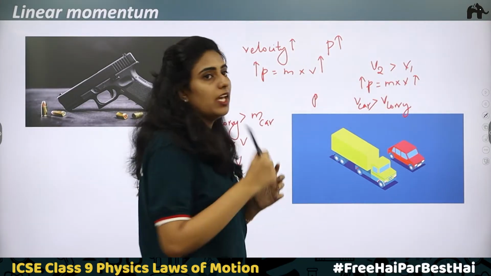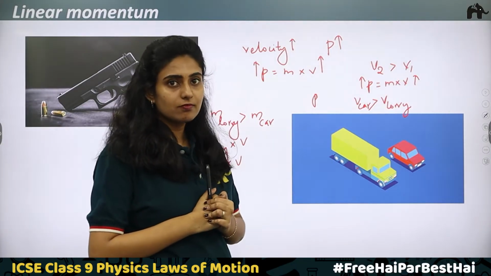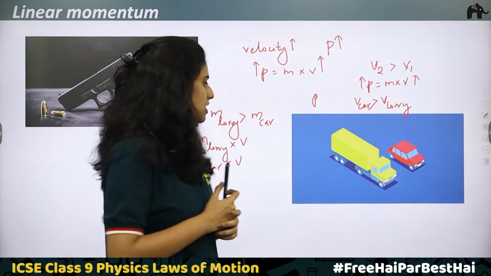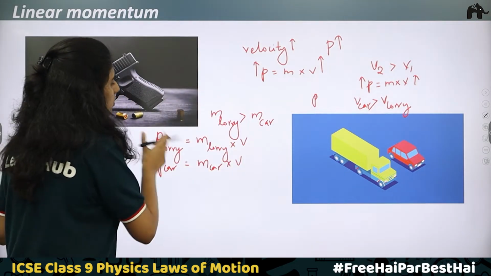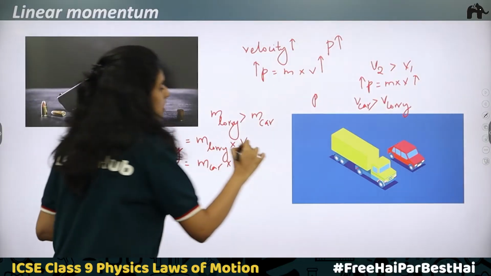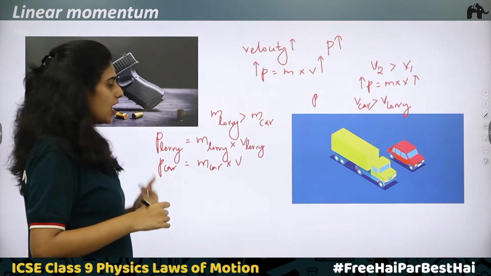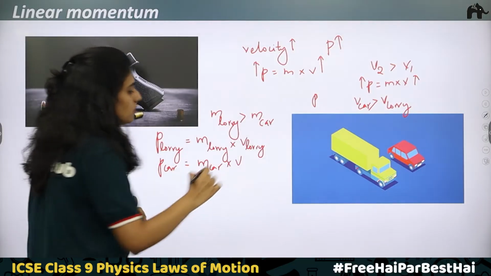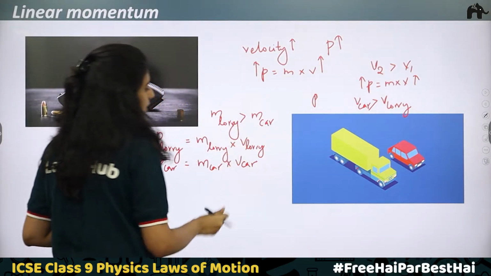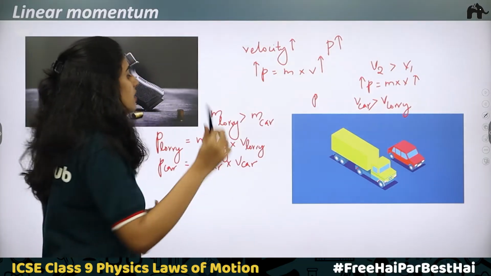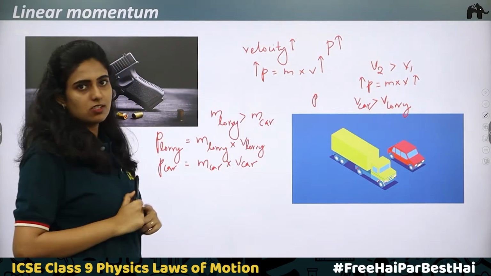In this case, where will the momentum be higher? We'll have to calculate the momentum. Momentum of lorry will be mass of lorry into velocity of lorry. Momentum of car will be equal to mass of car into velocity of car. Here the velocities are also different: velocity of car is greater than velocity of lorry.